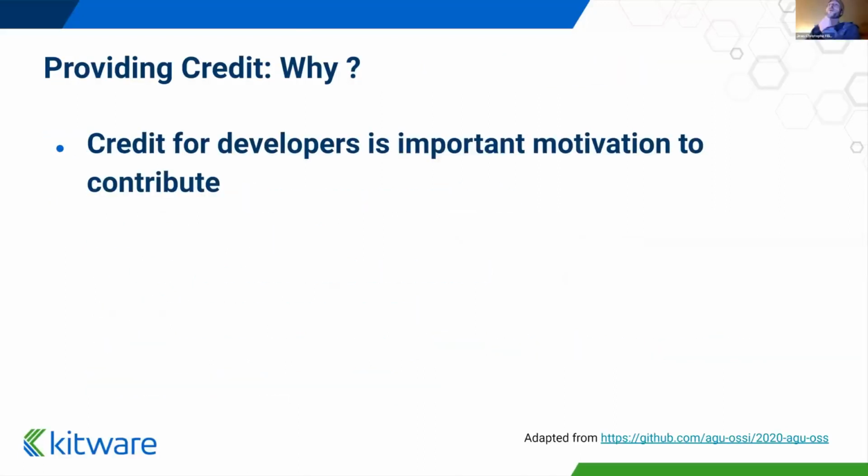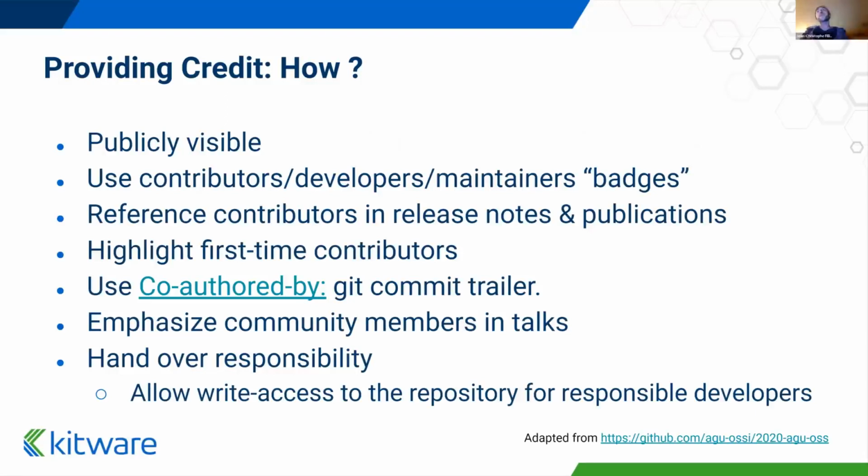Now that we come to credit, why is it important to share credit? As developers, it's important for motivation to be properly credited, and there are ways to make that happen. Sharing credit in the context of open source should be public as much as possible.